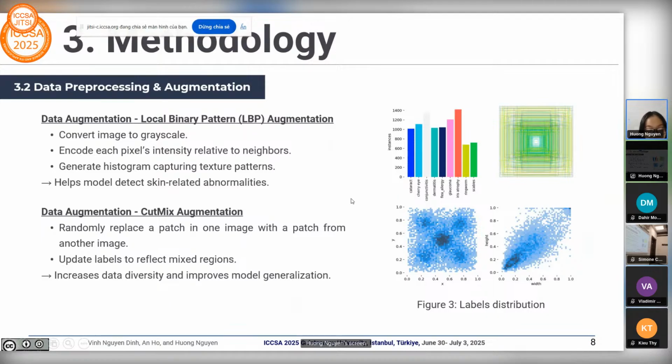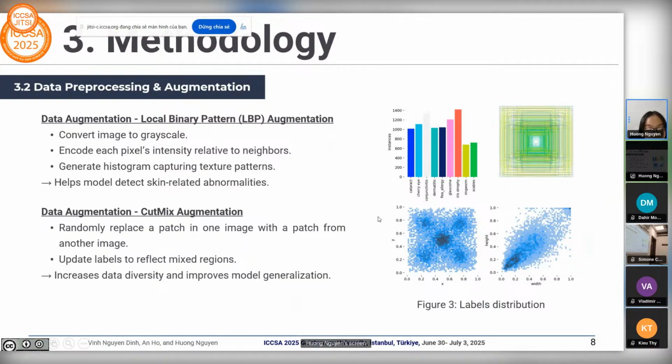And about CutMix, we also apply CutMix augmentation by randomly replacing a patch in one image with a patch from another image, and we update the label accordingly to reflect the mixed region.